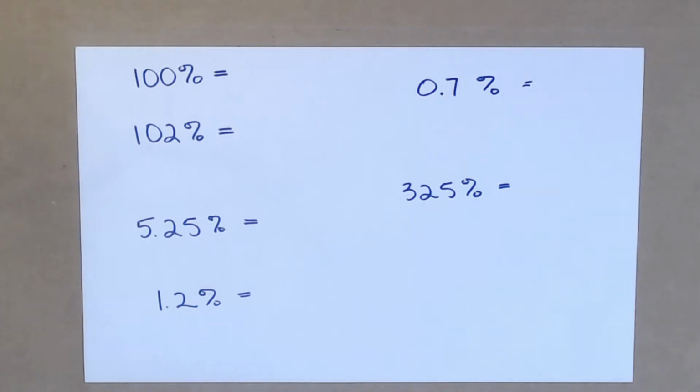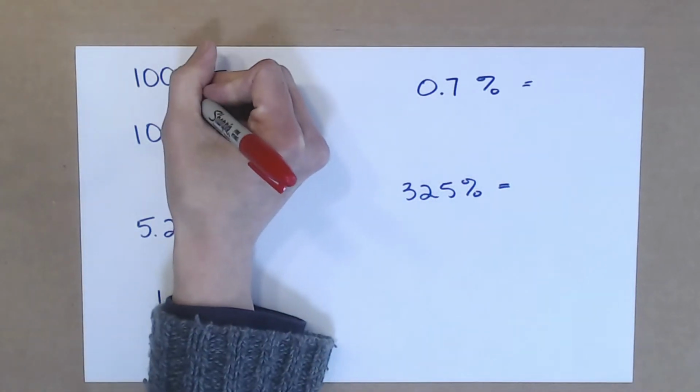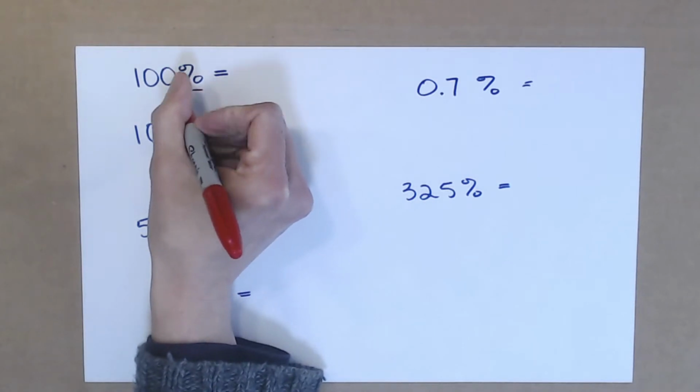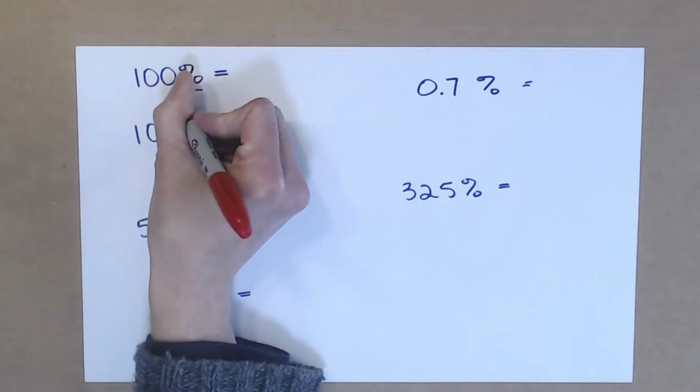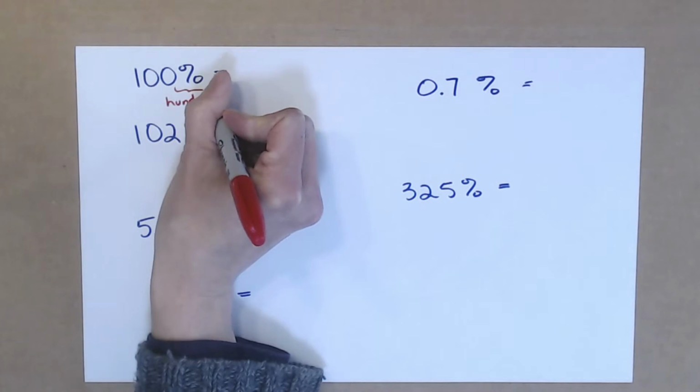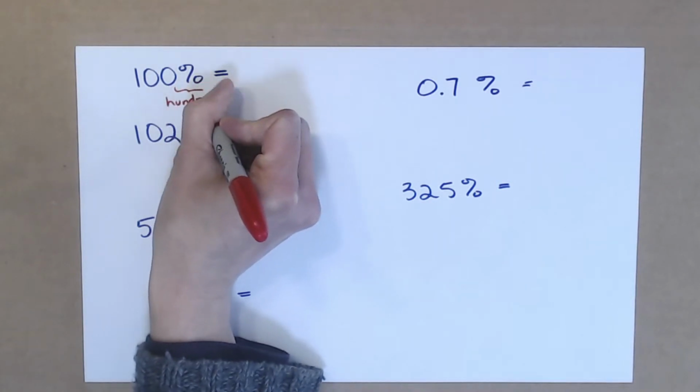Sometimes when we are converting a percent that is more than two digits or has a decimal within the percent, it's not quite so easy to just line up our hundredths in the hundredths place. So in this case, we still rely on the definition of a percent to help us through this. For example, 100%, we remember that percent means hundredths or per 100.